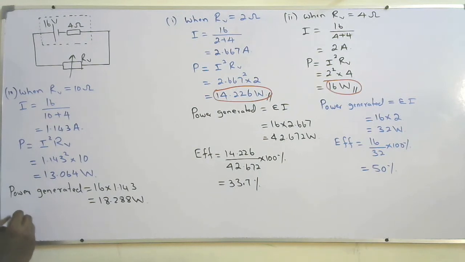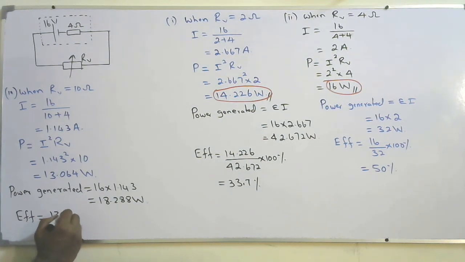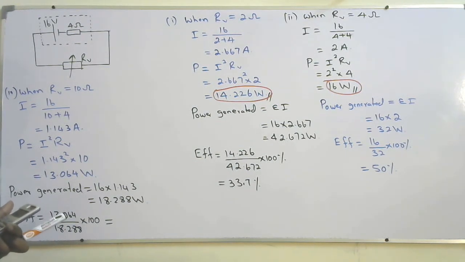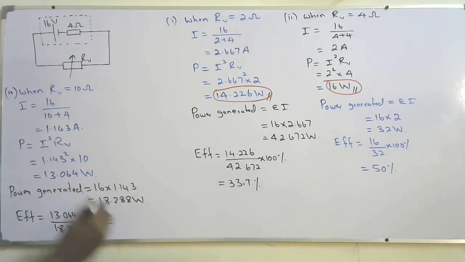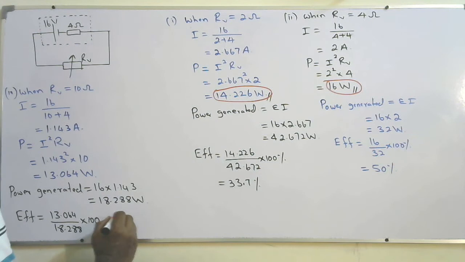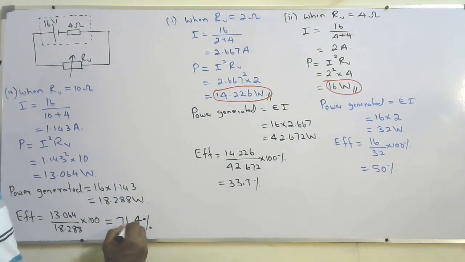So efficiency of the external component is 13.064 over 18.228288 into 100%. So that is going to be 71.4%.